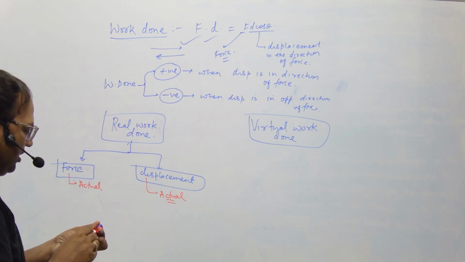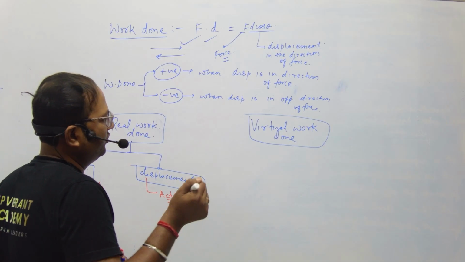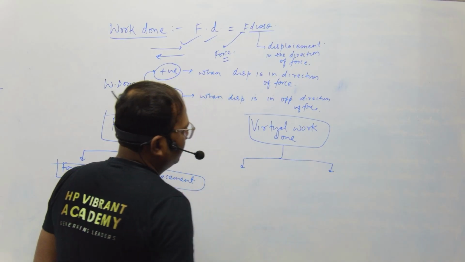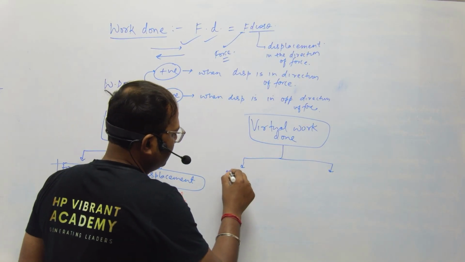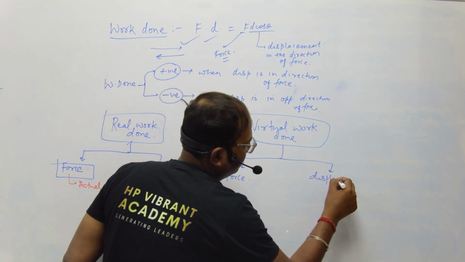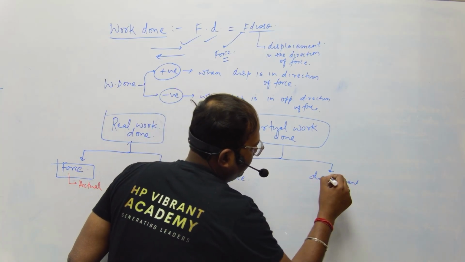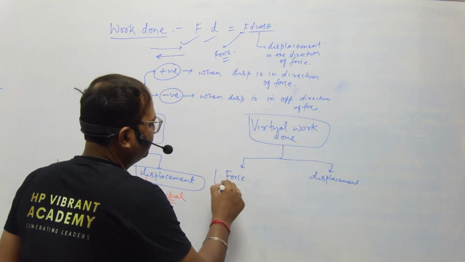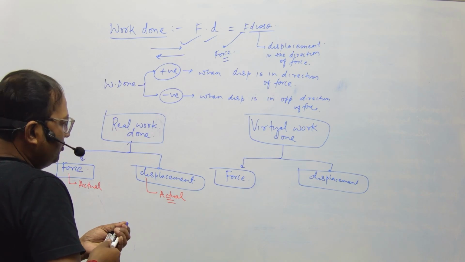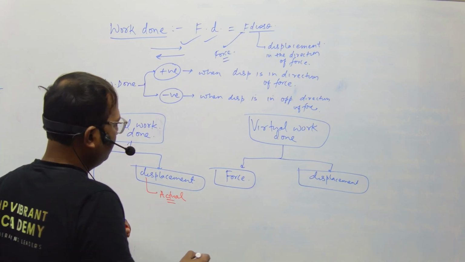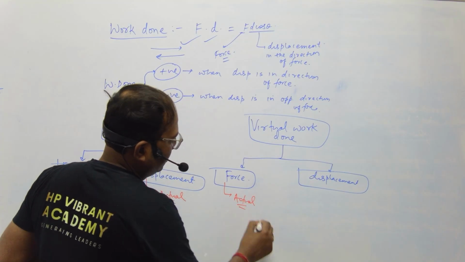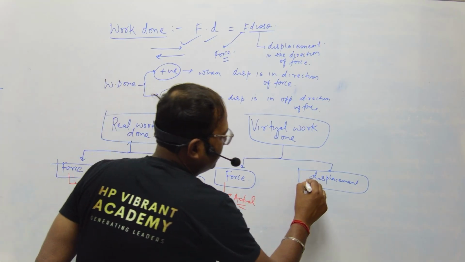In virtual work we also have force and displacement. In the case of virtual work, the force is actual, that is, a real force is acting, but the displacement is imaginary.